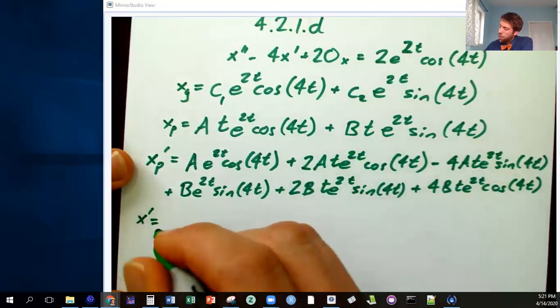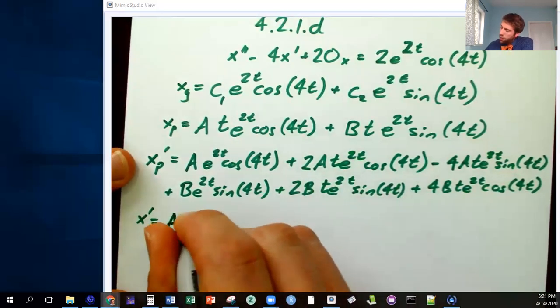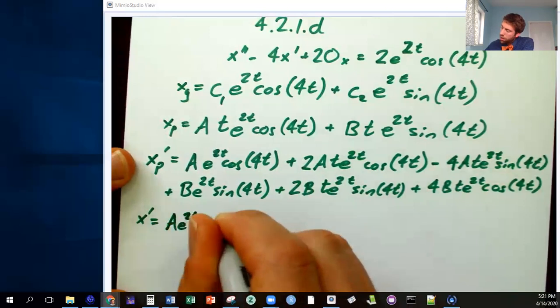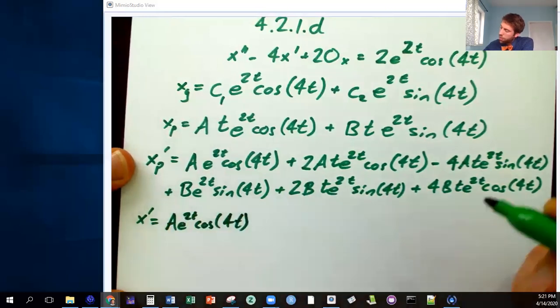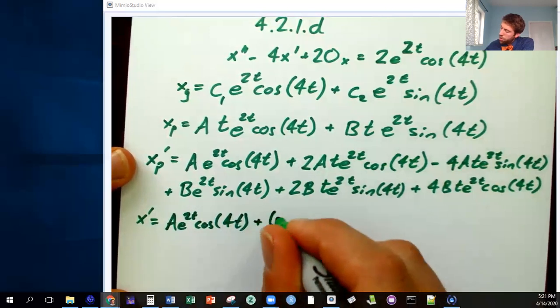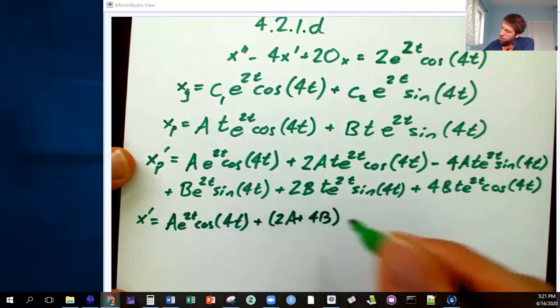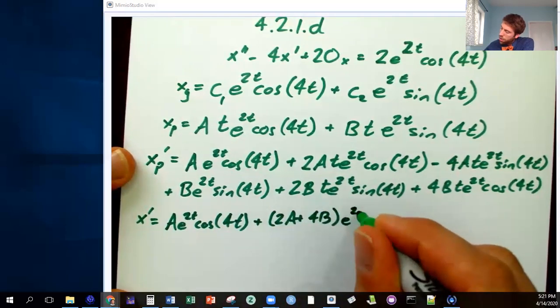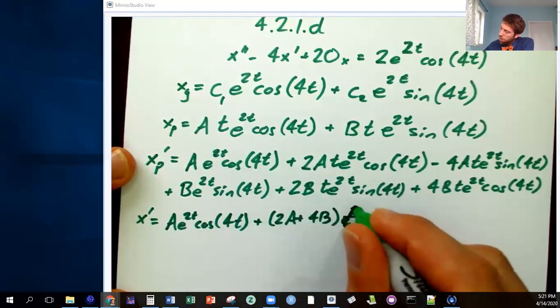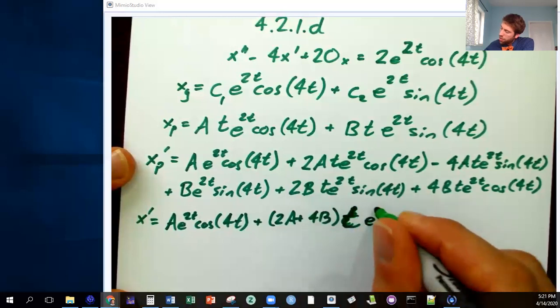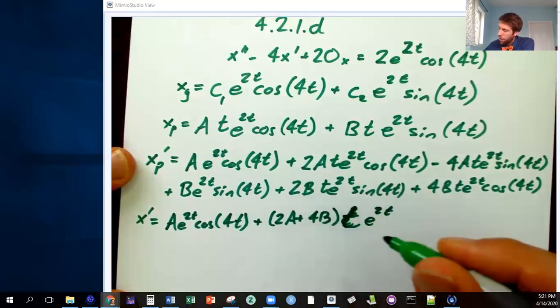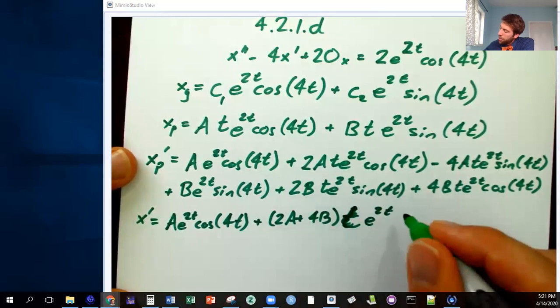So a e to the 2t cosine 4t, and let's combine my cosine terms. Plus 2a plus 4b times t e to the 2t cosine 4t. Can't forget that t guy. Sorry, my t looks like a dinosaur now.